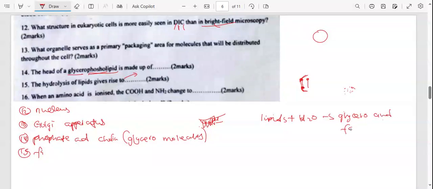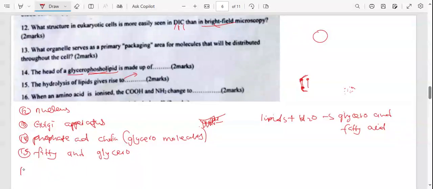So we can now write the answer as fatty acid and glycerol. Those are the products that result from the breaking down of lipids.